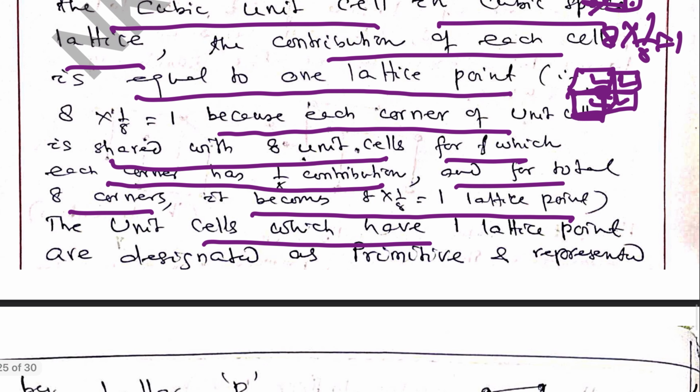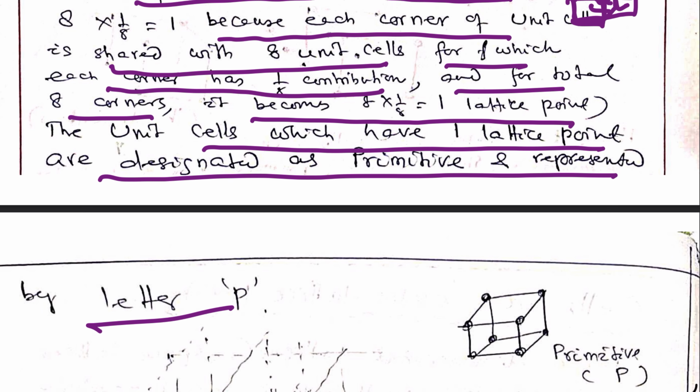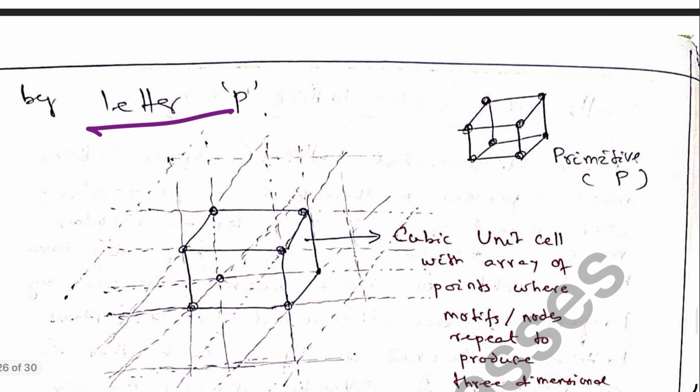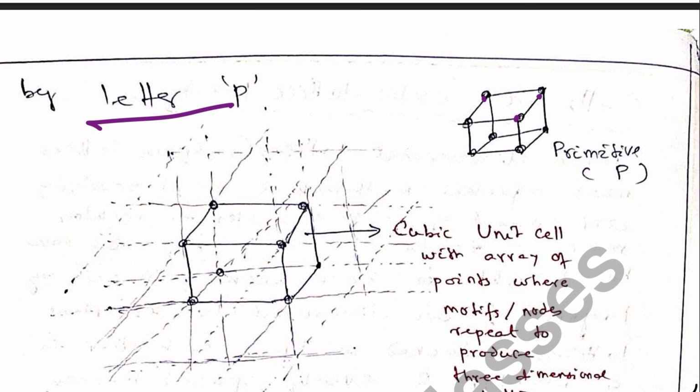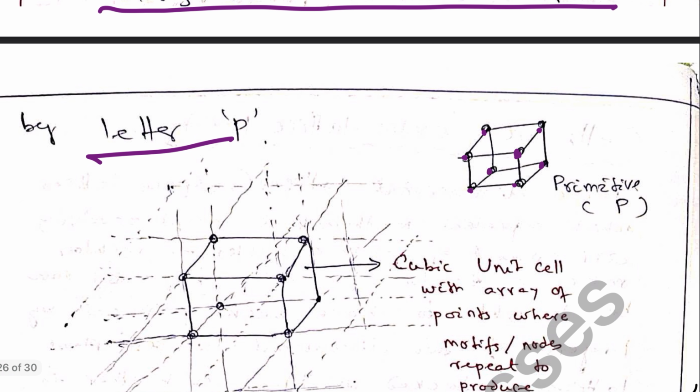The unit cells which have 1 lattice point are thus designated as primitive and are represented by P. So this is a primitive unit cell, because these corners are shared with 8 unit cells. So for the unit cell the contribution is 1 lattice point. That's why the unit cell which contributes 1 lattice point is called a primitive unit cell.